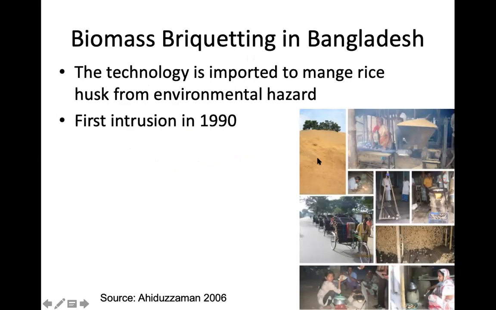In the traditional cooking system, people directly use rice husk, and lots of heat and carbon is wasted, so the efficiency of rice husk in the traditional way is not good. This is why briquetting technology, a locally innovative technology, was introduced in 1990.